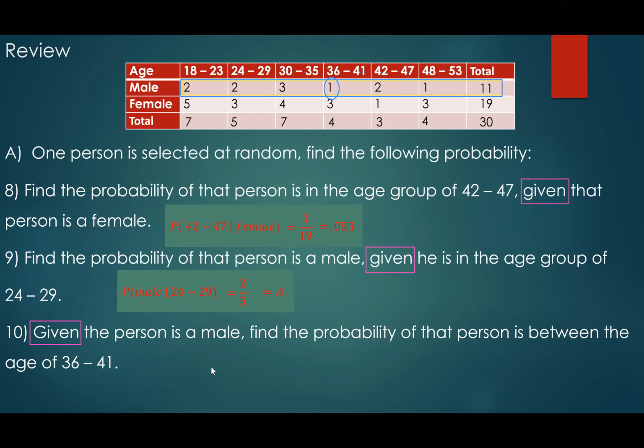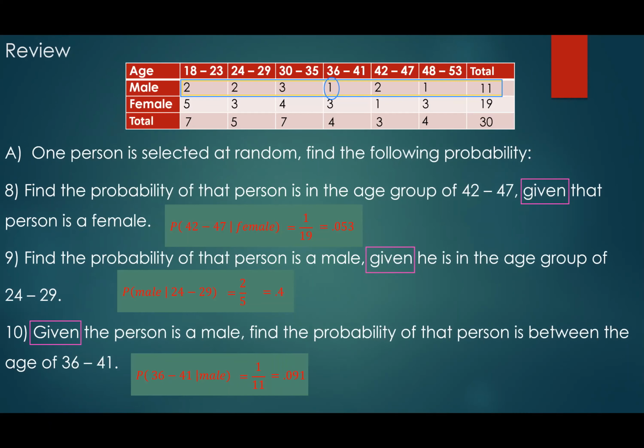So this is the probability of 36 to 41, given that that person is a male. Find the probability of a person in the age group of 36 to 41, given that person is a male, which is 1 over 11, which is 0.091, okay? So again, any question with this conditional probability?